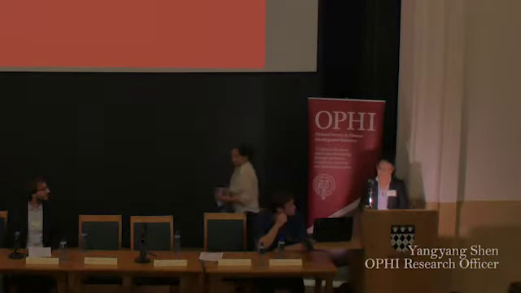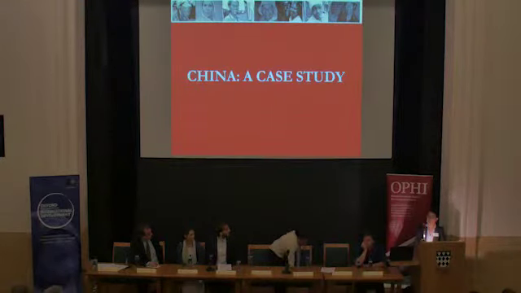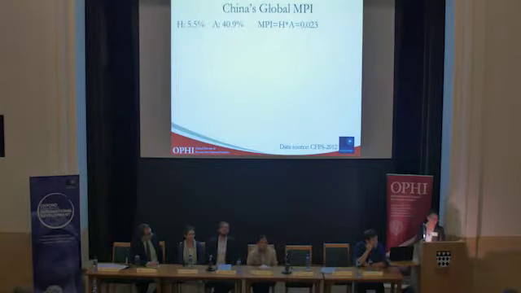Thank you, Priscilla. Good afternoon, everyone. Now I will present a case study in China using the global MPI method. Firstly, we find that China's global MPI is very low. According to our calculations, only 5.5% of people were MPI poor in China.